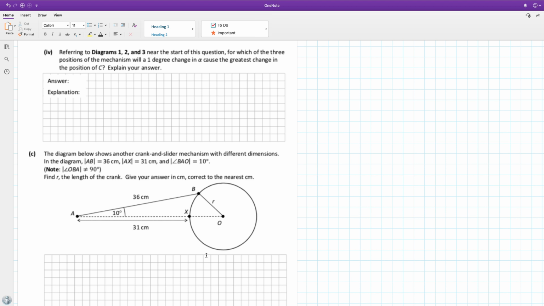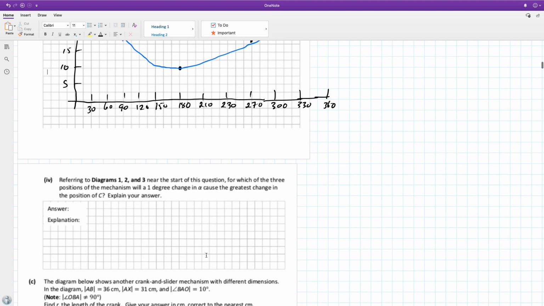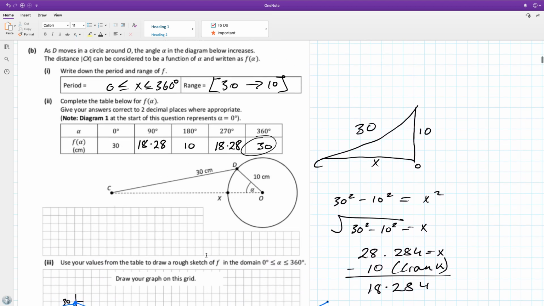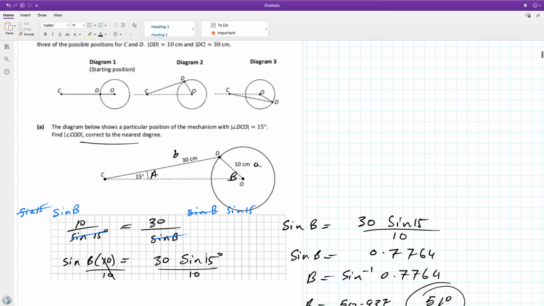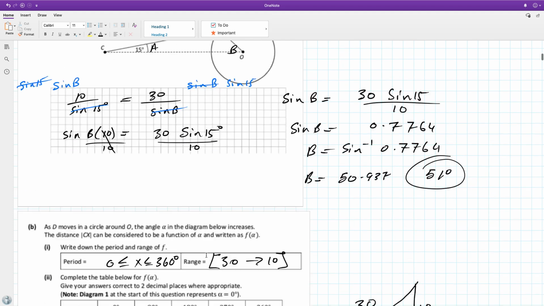What they did is, referring to diagrams 1, 2, and 3, they went back up here and did a load of possibilities. So they went, right, if I change 1 degree this way, 1 degree this way. What you have to know is just a bit of common knowledge on this one, and there's no other way about it.